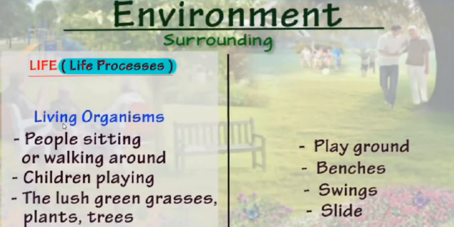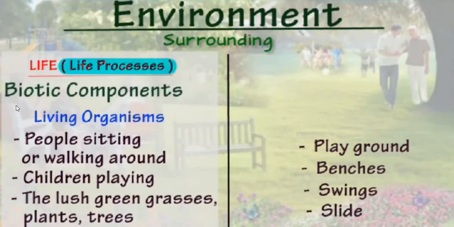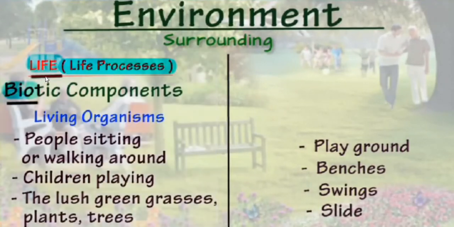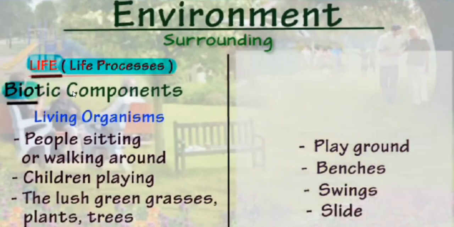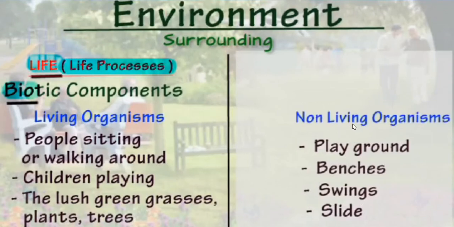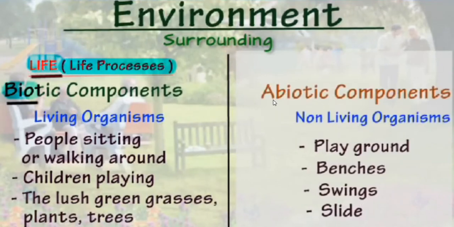Those who have life process are called living organisms, and such components in the surrounding are called biotic components. The word bio means life, as you learned in the definition of biology. Remember that? Whereas the things which do not have life are called non-living organisms or abiotic components.